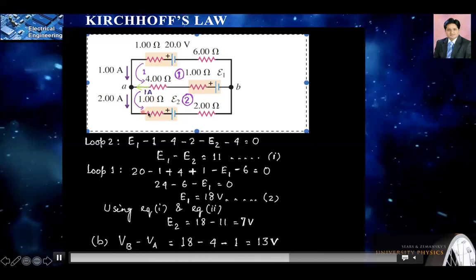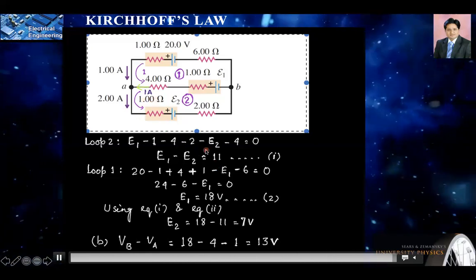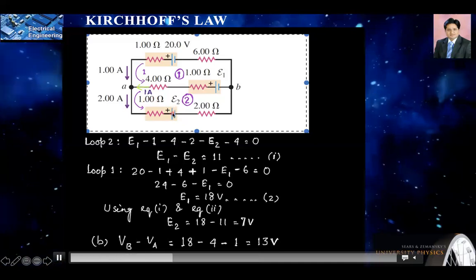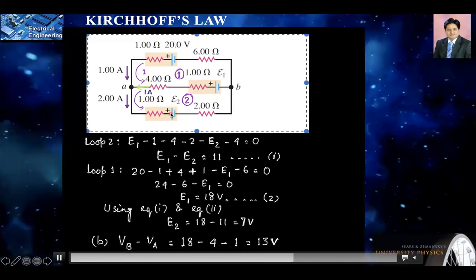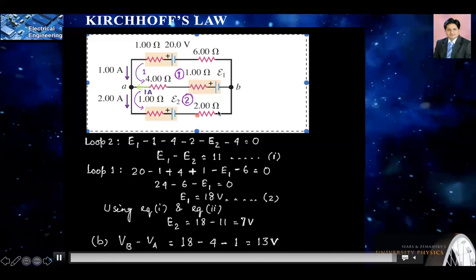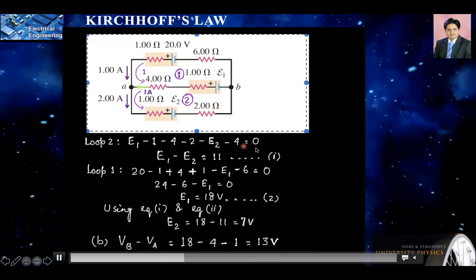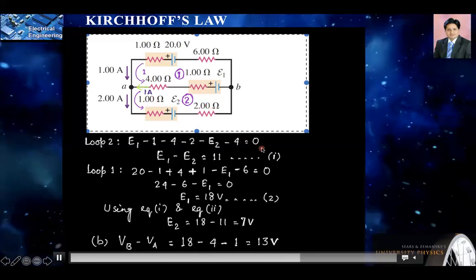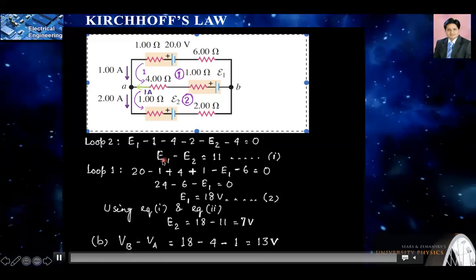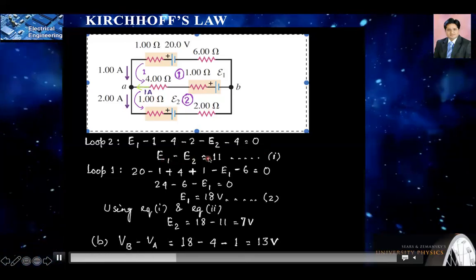And minus E2 because you're going from positive to negative. And then here, 2 times 2 is minus 4. That is equal to 0. From there you get E1 minus E2 is equal to 11.